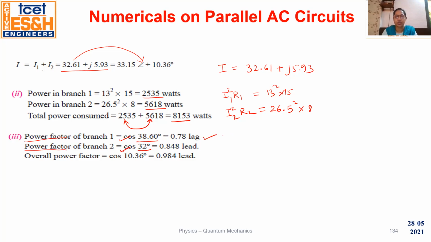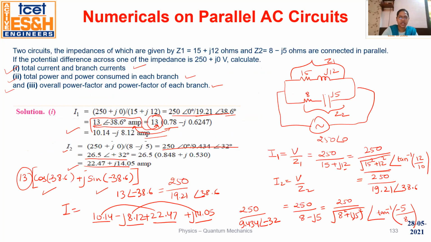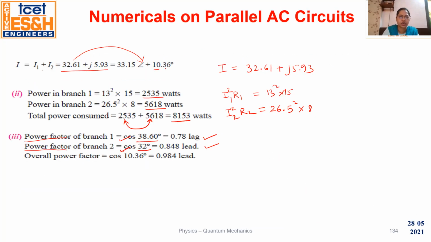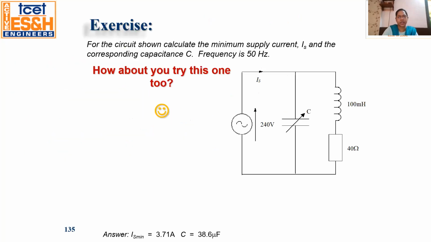So for 1, it is 0.78 lag, and for 2, it is 0.848 lead. And the overall power factor, from the total current, is 0.36. So this is the overall power factor.